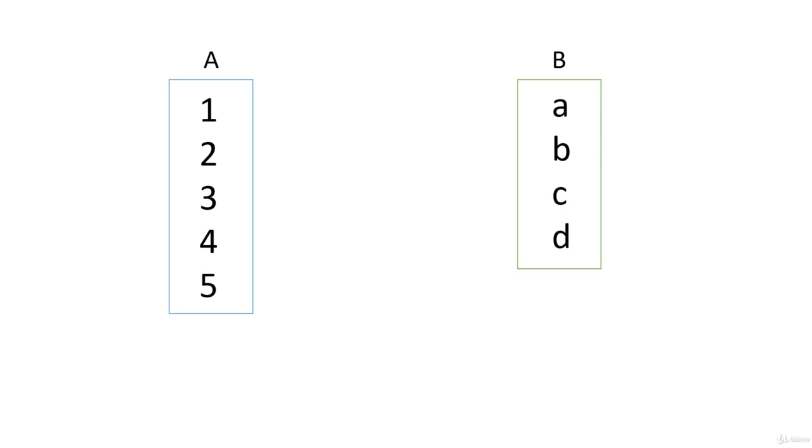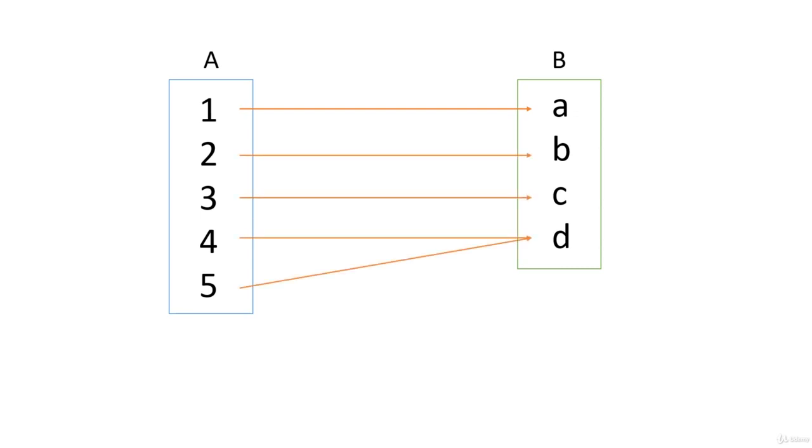So now, if we have a function from A to B, this function will assign to every element from A some other element in B, right? So, for example, it can assign to a 1. But the important thing is that this function needs to assign some value to every element from A. So, for example, like this. Notice that there is exactly one arrow from every element from set A to some element from set B.